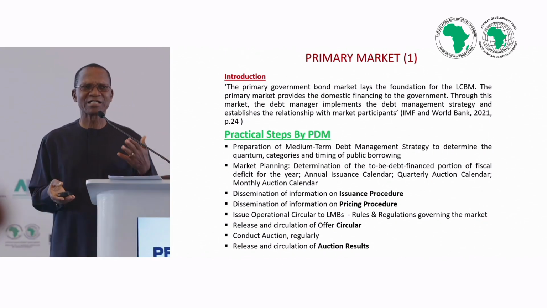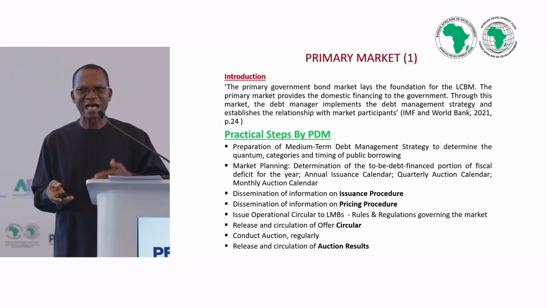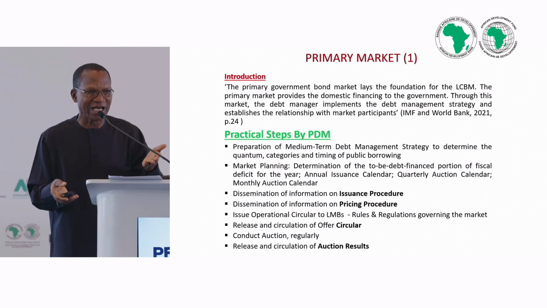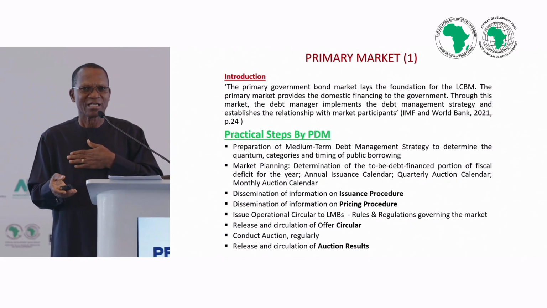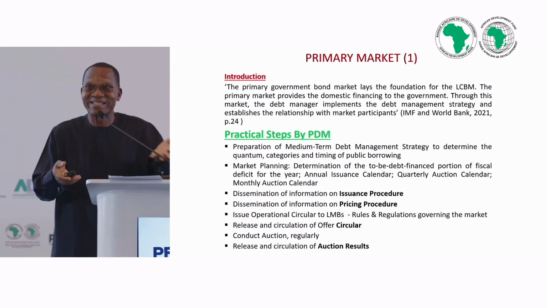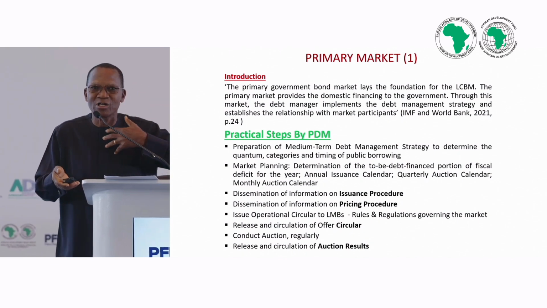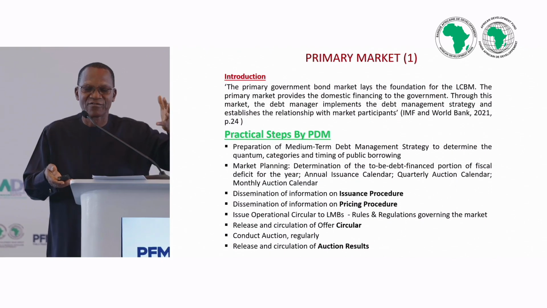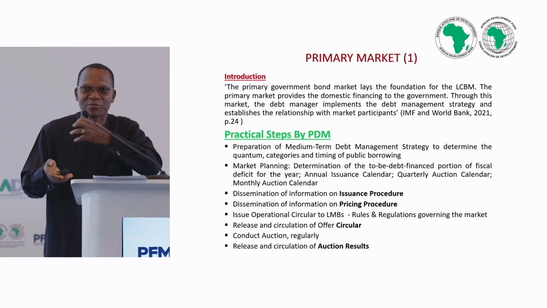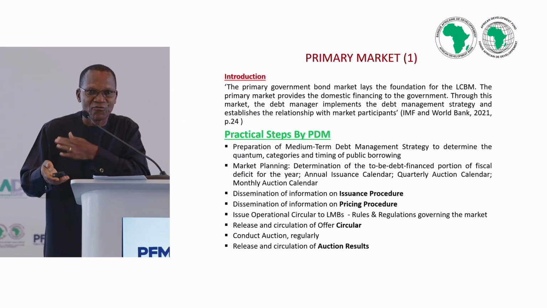Now, the next step the DMO should take is to go for the auction. And I said this auction has to be regular because you have to plan it for a whole year. It's more like forward guidance. The market has to have an idea that, look, throughout 2025, the Debt Management Office is going to borrow so much money for the government to fund its activities for the year.